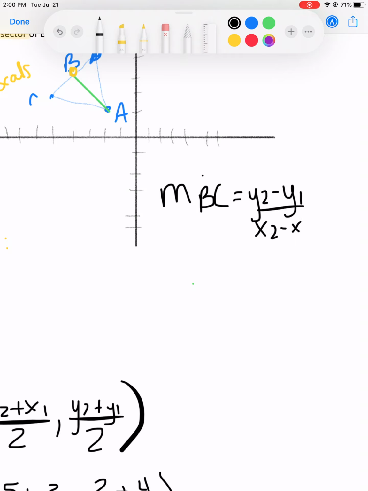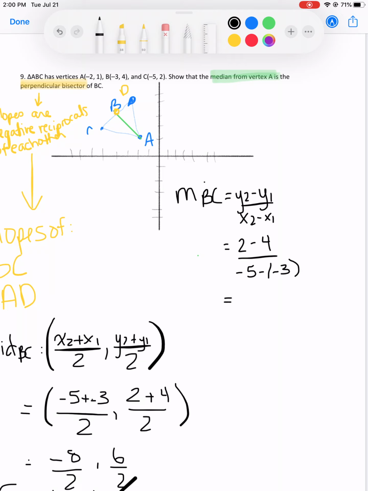Sorry, I'm just trying to make sure I put my numbers in right. So this time order does matter. 2 minus 4 over minus 3. Negative 2, that's going to be a plus now. Negative 5 plus 3 is negative 2, so that gives me a slope of 1. Okay, so BC, its slope is 1, so up 1 over 1, up 1 over 1.